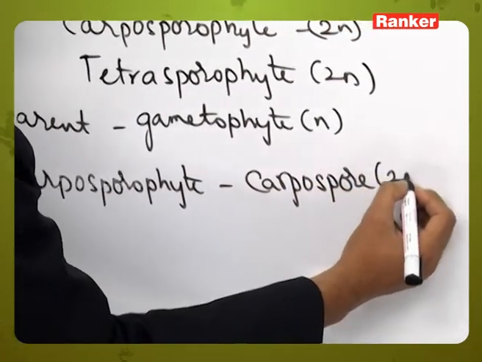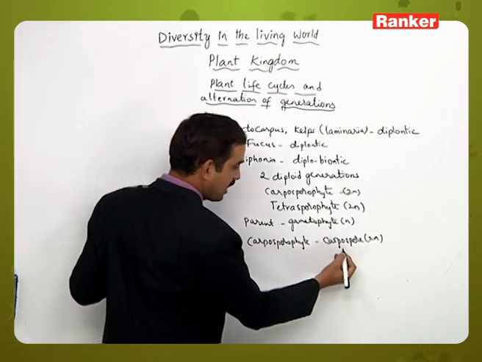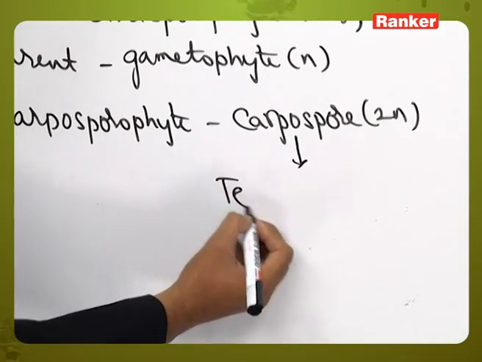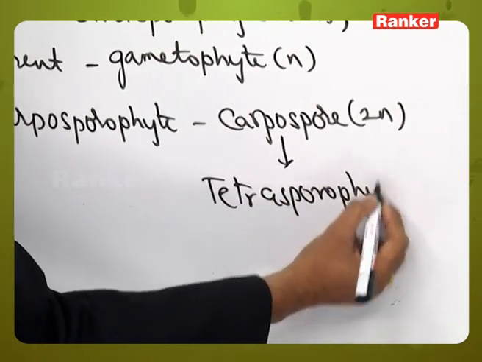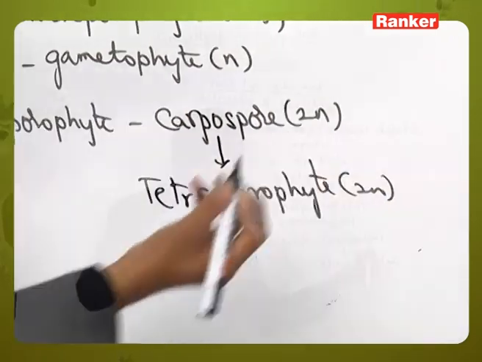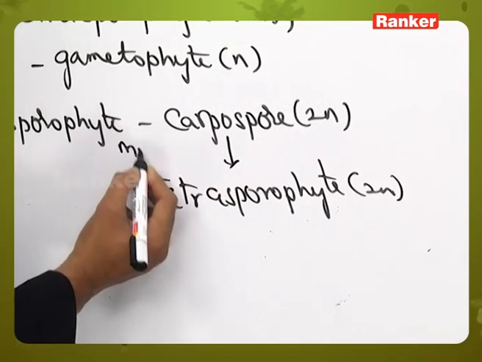The carpospore which is formed by the Carposporophyte is diploid in its condition, and this carpospore on germination will give rise to the Tetrasporophyte, which is also diploid in condition. So this occurs by a process called mitosis.